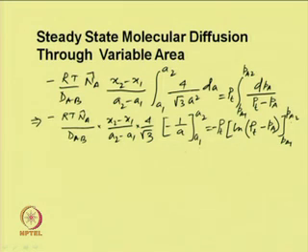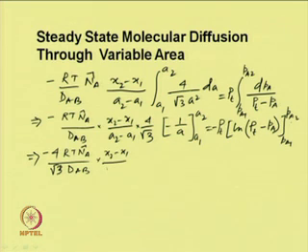So, if we simplify this one, then we will have minus 4 RT Na cap by root 3 DAB into (x2 minus x1) by (A2 minus A1) into (1 by A1 minus 1 by A2).